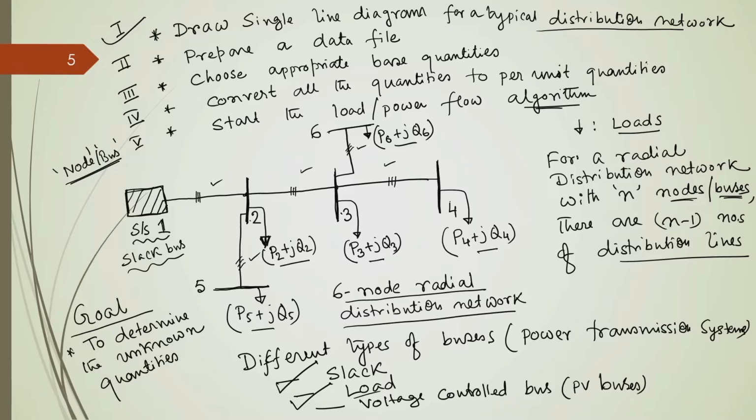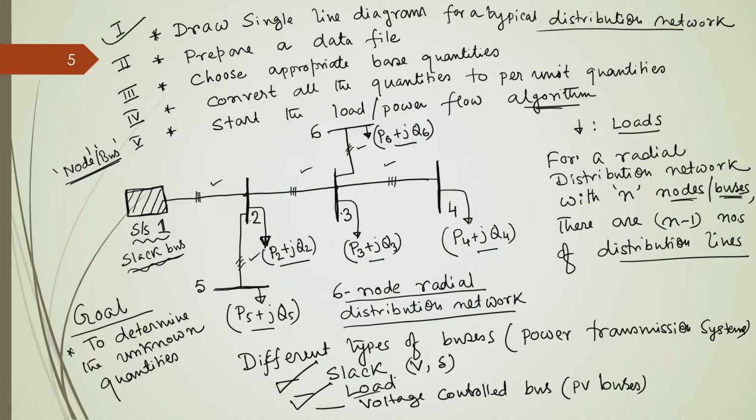Now, what are the unknown quantities? For the slack bus, usually its voltage magnitude and angle, V and delta, are specified. So, for the slack bus we know the magnitude of the voltage and its angle. And the active and reactive power flowing away from this slack bus are unknown quantities.